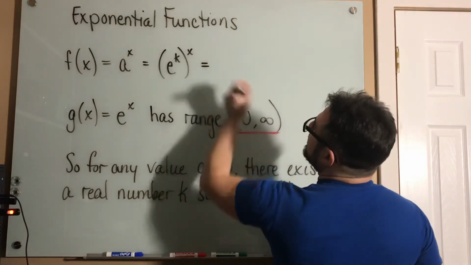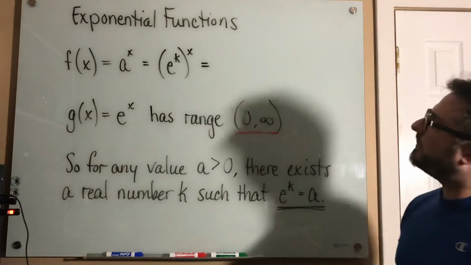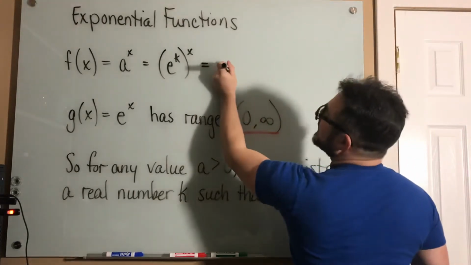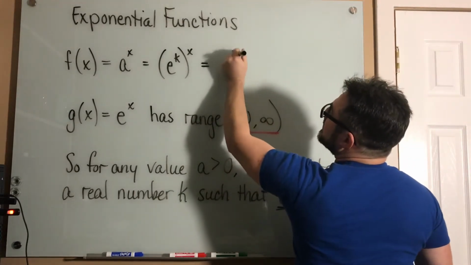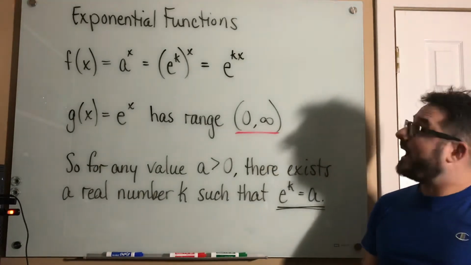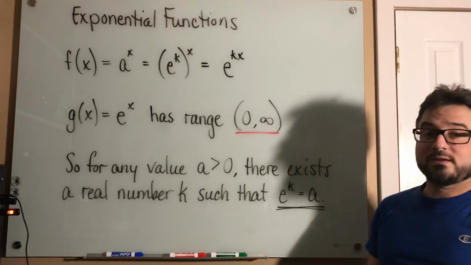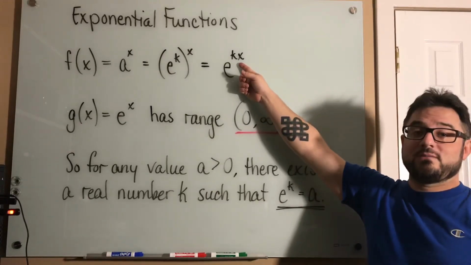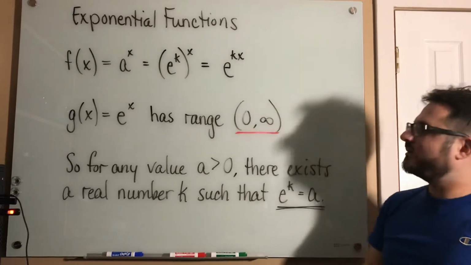Now we can do one more thing to clean this up, and that is to multiply the exponents. This is a property of exponents. And you can see perhaps why the chain rule is going to be necessary to differentiate this, because we have an inside function. A simple inside function, but we do have one.